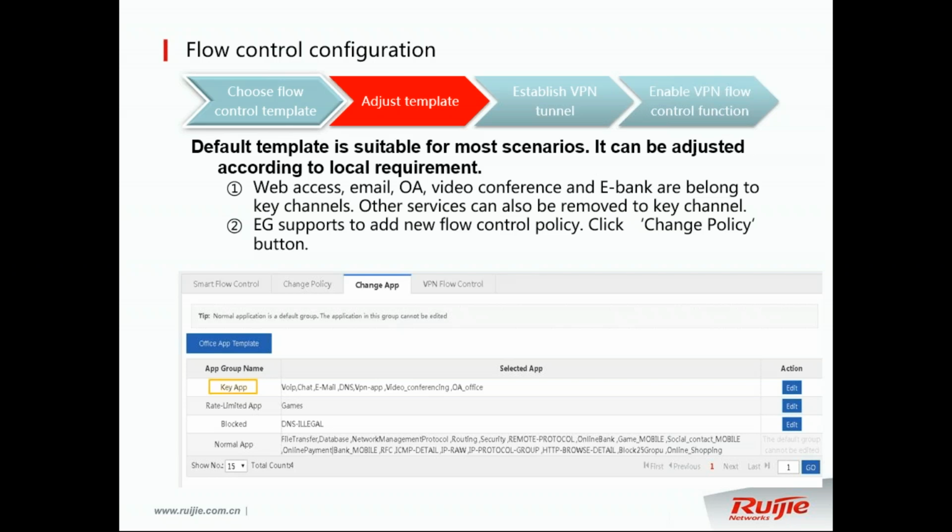We can detect the ROC DNS servers, and for example, in this template you can see here the blocked DNS illegal. It means when we detect that traffic, and in this template we already blocked it, it can save our bandwidth. We don't need to forward it. I think it works with the security policy together.